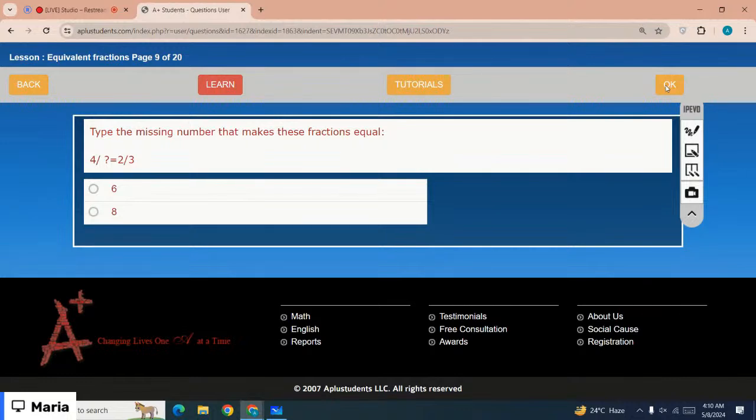Type the missing number that makes the fraction equal. Yes, the fraction is 4 over 6, right? So 6 is the missing number. Okay, you can complete the lesson yourself later today. Let me just move on to the next lesson.